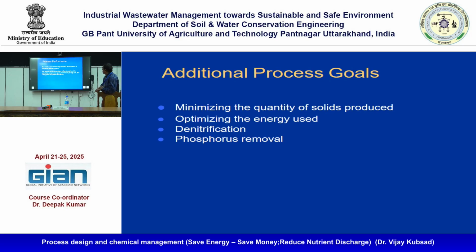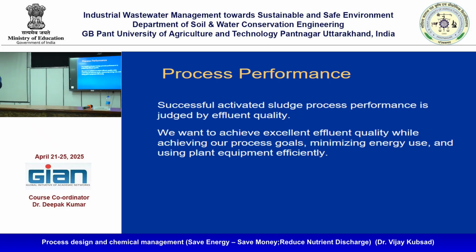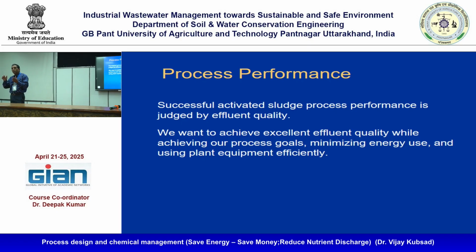Process performance: successful activated sludge process performance is judged by effluent quality. So you just don't want to measure influent and effluent and make a decision. You want to analyze each unit, each process, each stage to make it more efficient. You have to work from whole to part, not from part to whole.